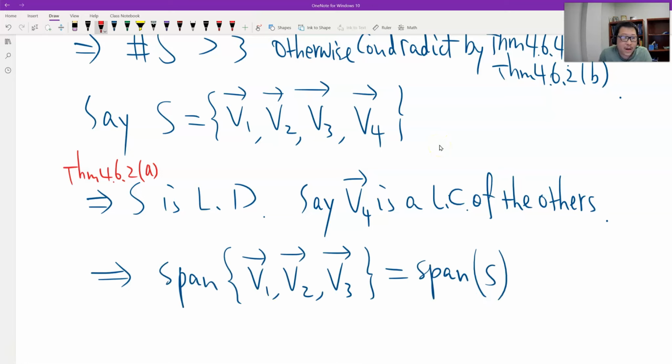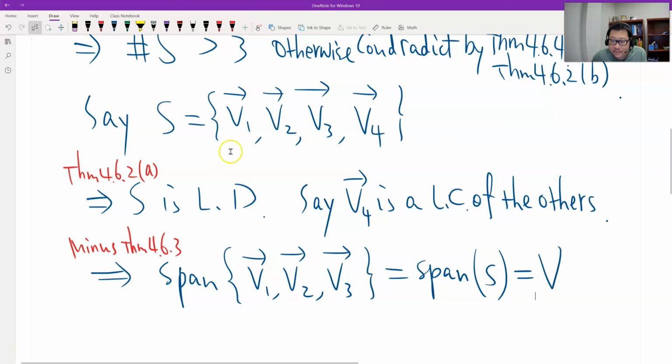And because we have the condition that the span equals the whole space, this equals V. Now we have a set of 3 vectors, exactly the vector number equals the dimension, and also the span equals the whole space.